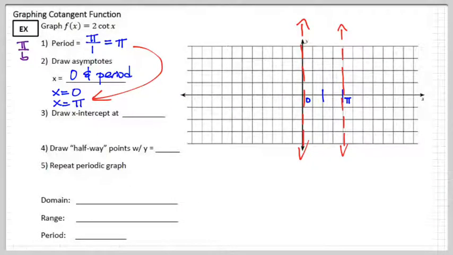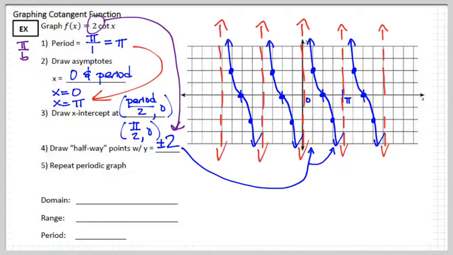We're going to draw the x-intercept right in the middle of the two asymptotes. So we have the two asymptotes, we go into the middle, and we draw a point right there. The halfway points are a similar idea, halfway in between these points, halfway in between these points here.